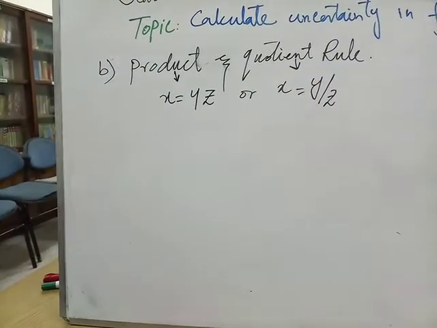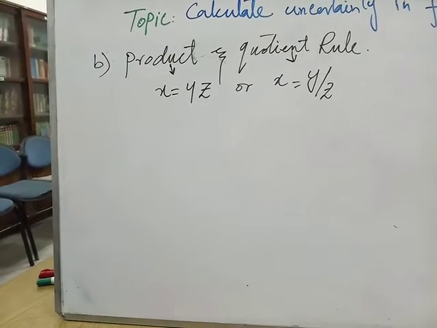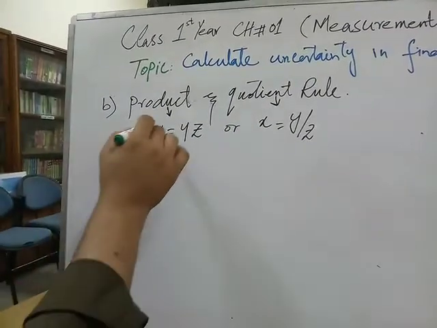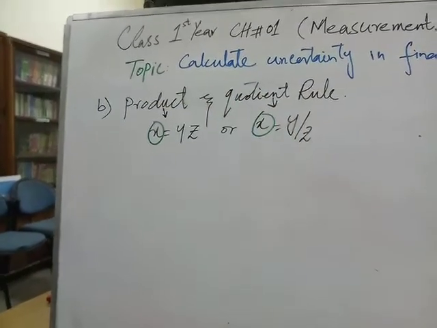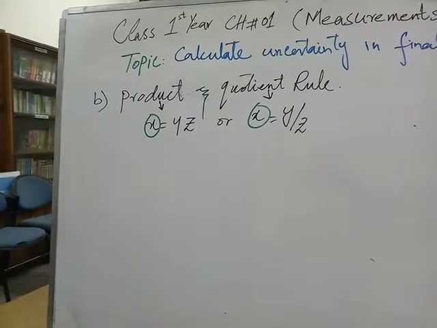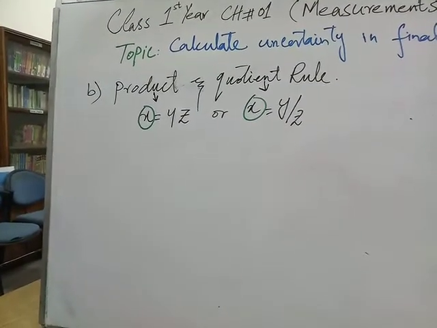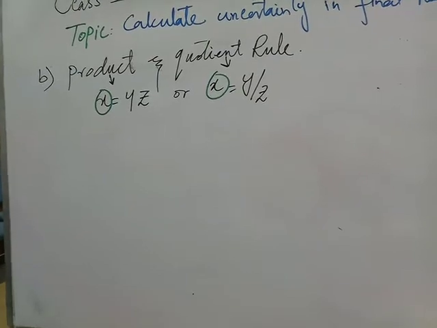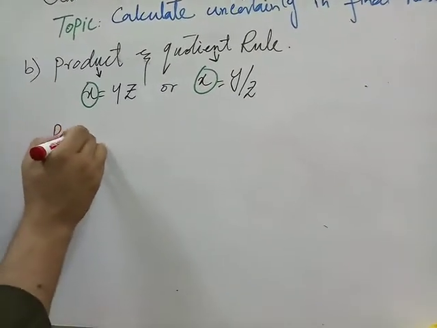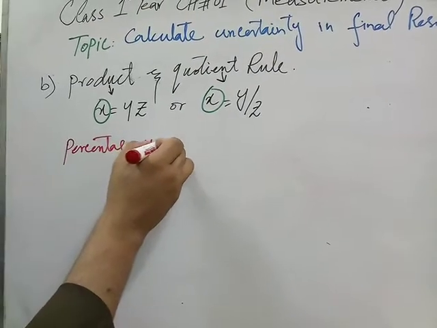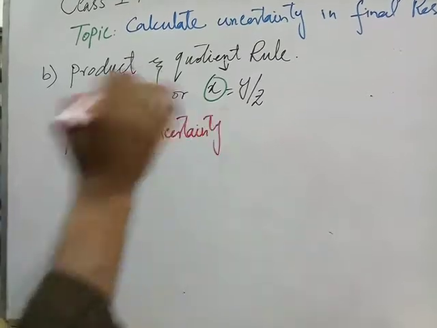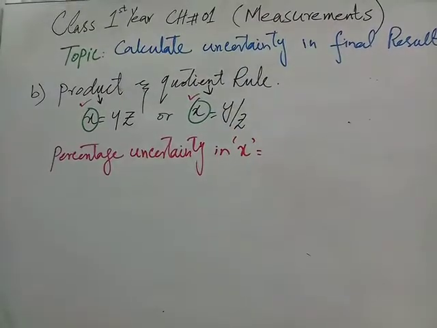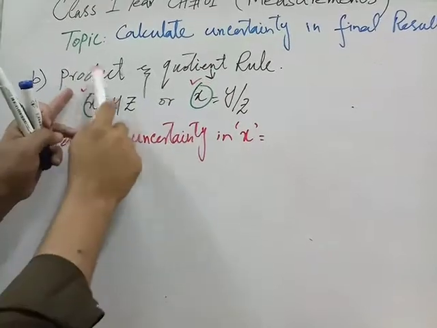If we have either of these in any measurement or any given formula, then the percentage uncertainty in x will be equal to the sum of the percentage uncertainties of the given values. Let's suppose we are measuring the percentage uncertainty in x. This formula is both for the product as well as the quotient rule.